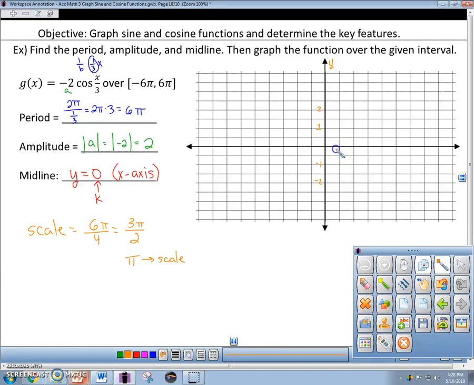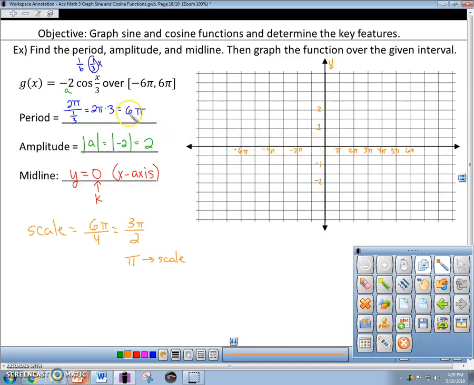So this would be pi, 2 pi, 3 pi, 4 pi, 5 pi, and 6 pi. And in the negative direction, this would be -pi, -2 pi, -3 pi, -4 pi, -5 pi, and -6 pi.